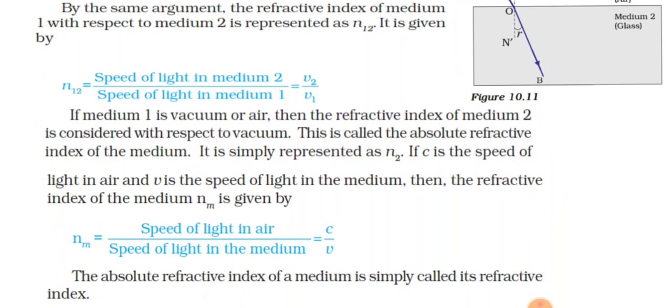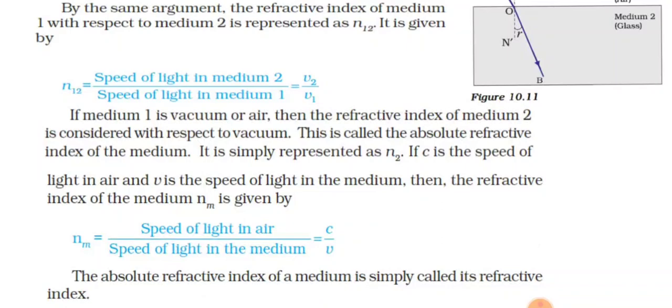If medium 1 is vacuum or air, then the refractive index of medium 2 is considered with respect to vacuum. This is called the absolute refractive index of the medium. It is simply represented as n2.